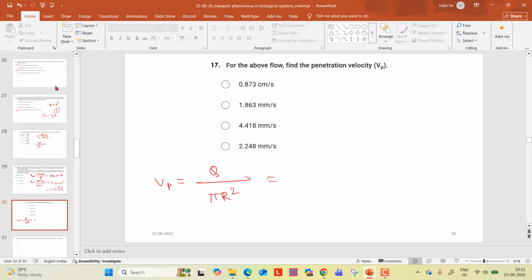It is coming as 4.421 millimeter per second. So it is close to option 3.